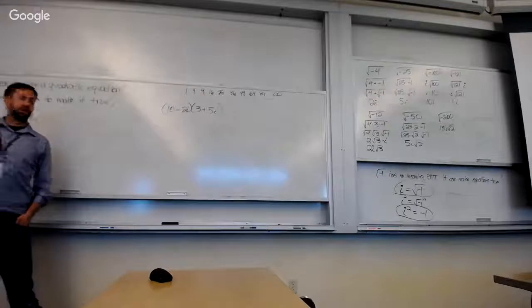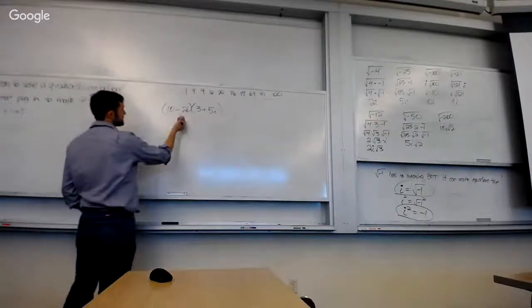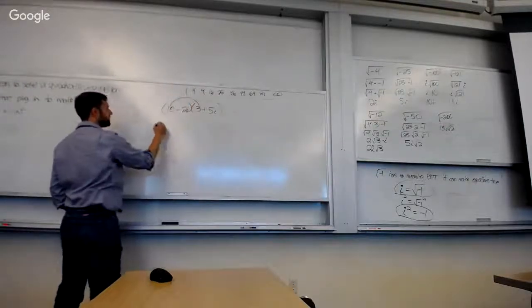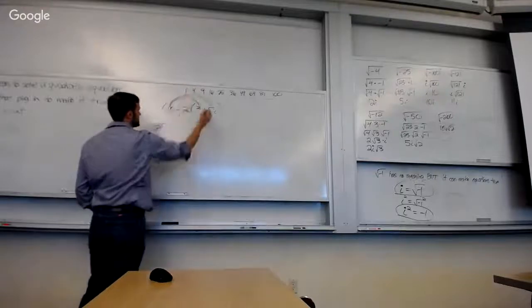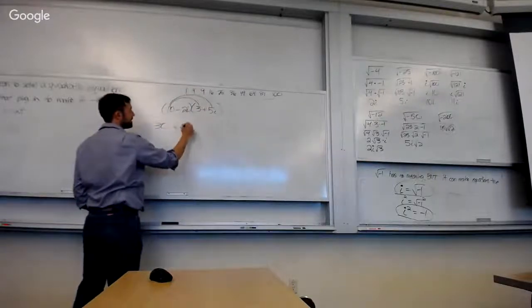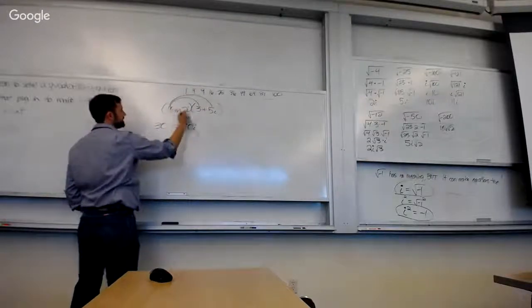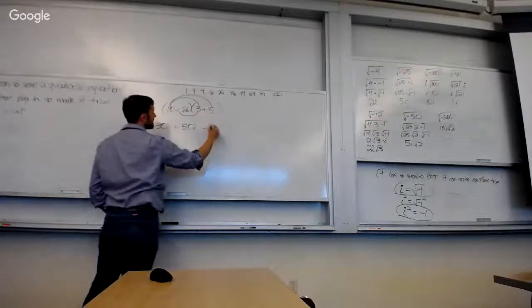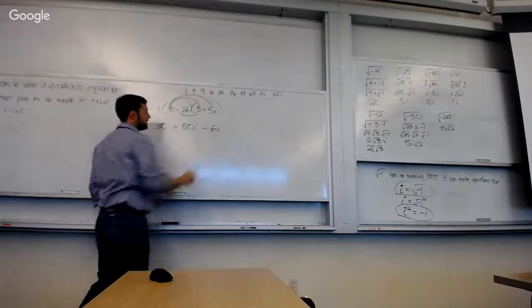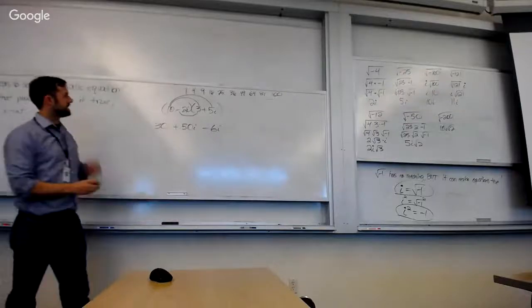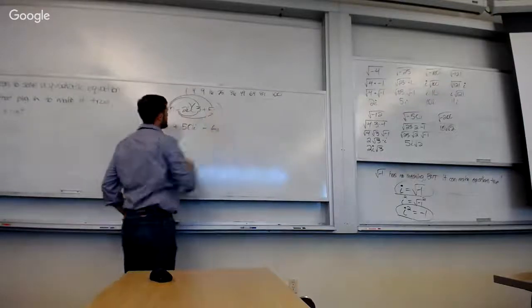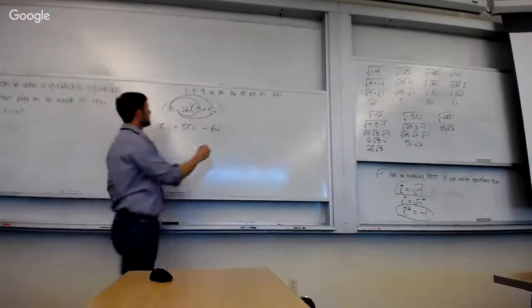Let's do the whole process together. FOIL is first, so what's 10 times 3? 30. Outer was 10 times 5i, just 50i. What's inner, negative 2i times 3? Negative 6i. And then last, negative 2i times positive 5i.